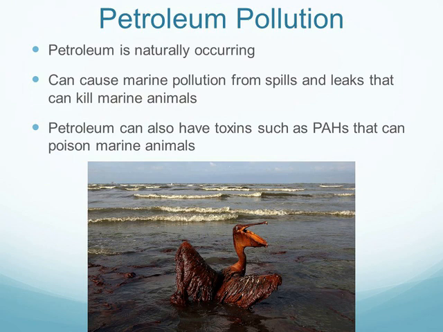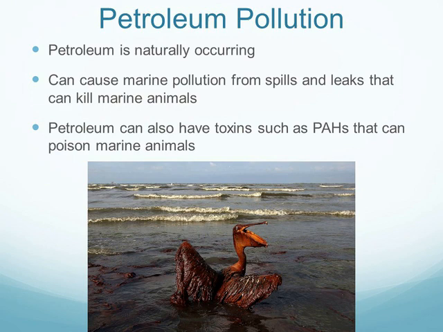When oil does get into the ocean and it causes pollution, it generally can kill marine animals. This image right here is that of a pelican who got stuck in an oil spill, and you can see this pelican is just covered head to toe in oil.